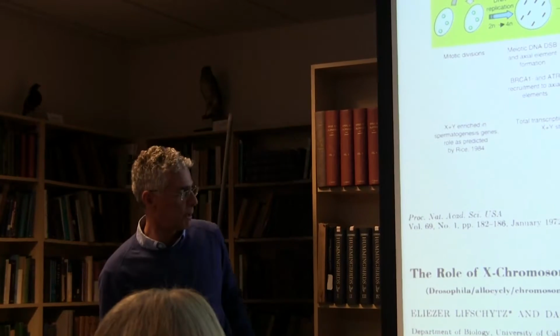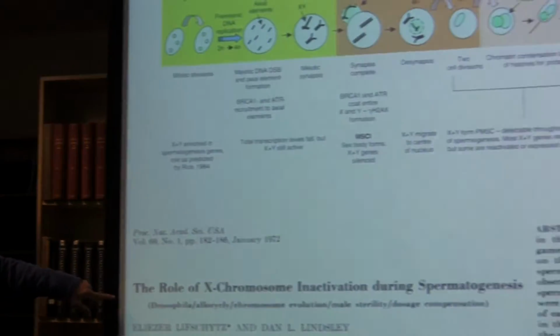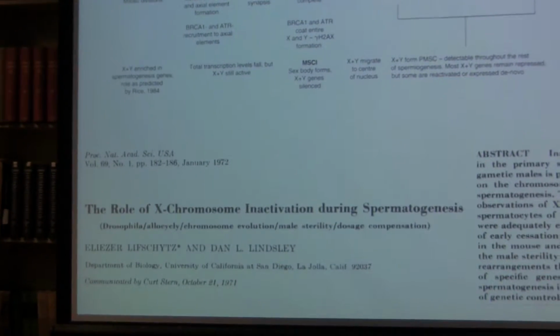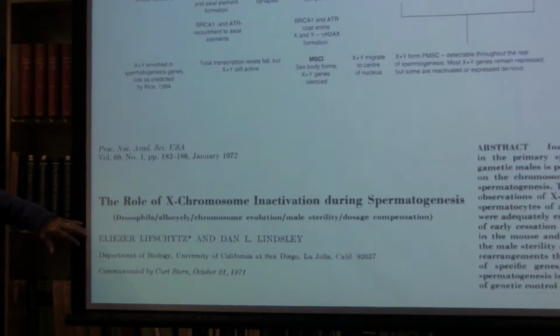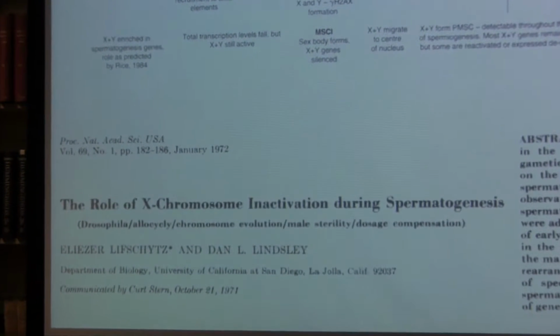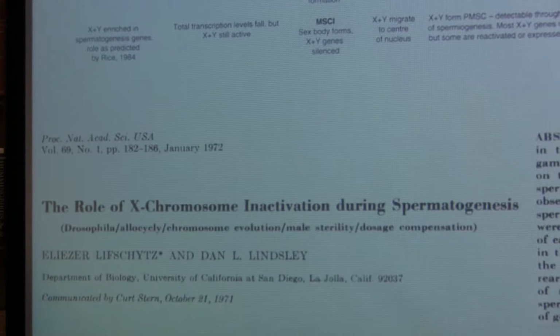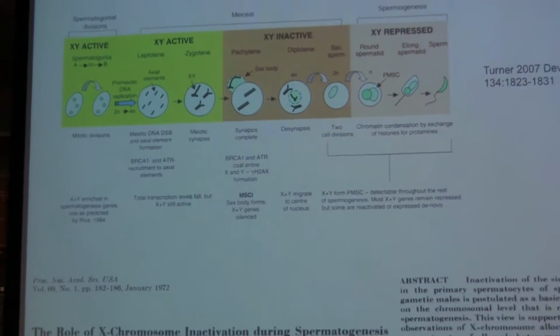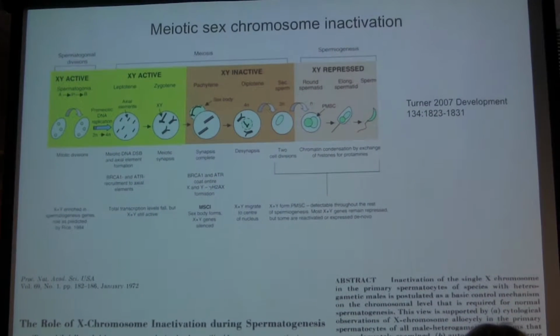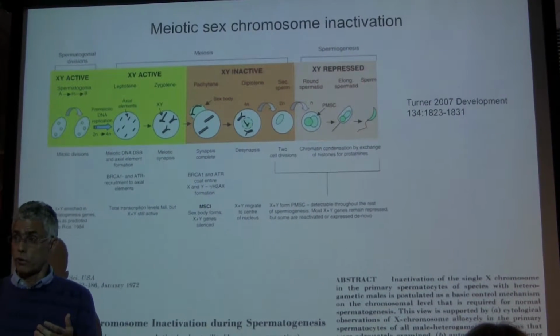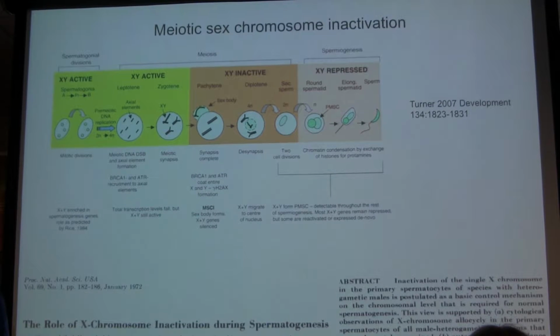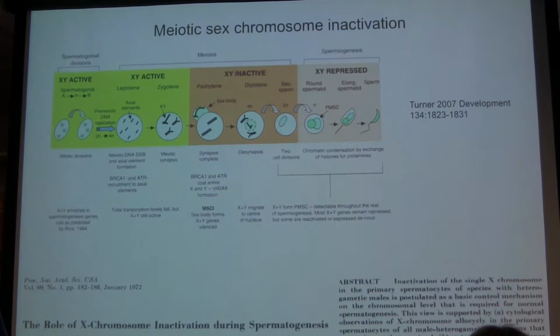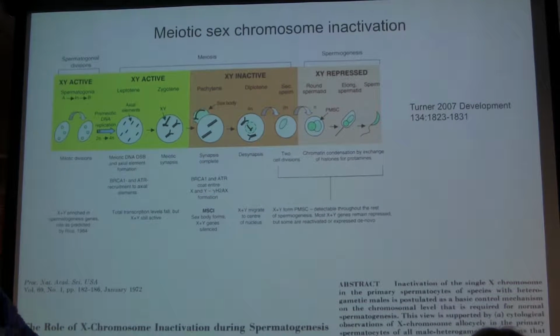And I remember this important paper that was published in PNAS in 1972 by Lifshitz and Lindsley, suggesting that the X chromosome in males is inactivated in male meiosis, and that a disruption of that process might be a general explanation for sterility across lots of different animals. They were actually thinking about both Drosophila and mice when they wrote this paper.